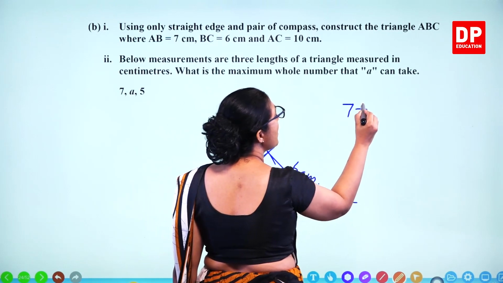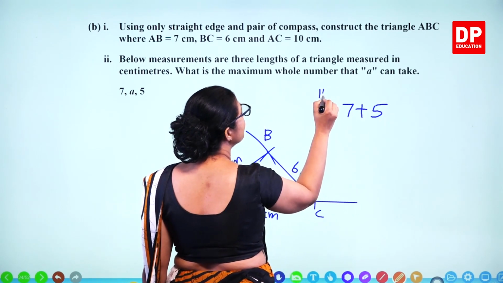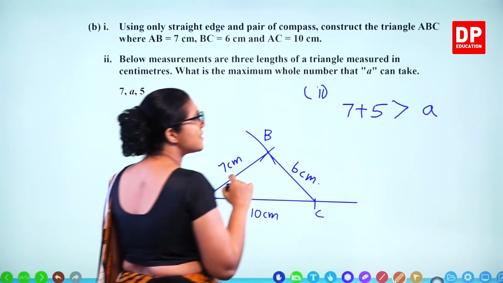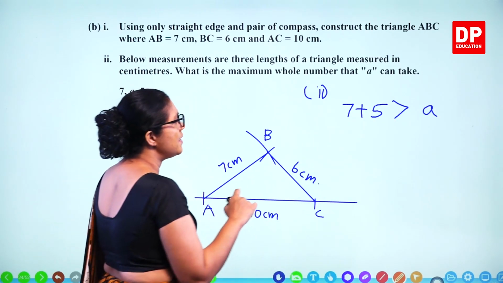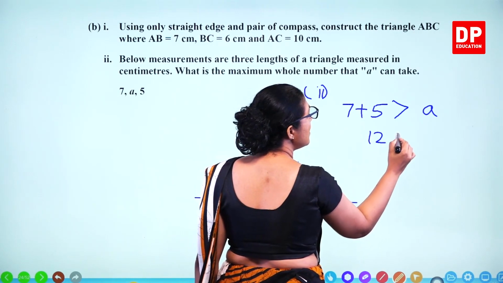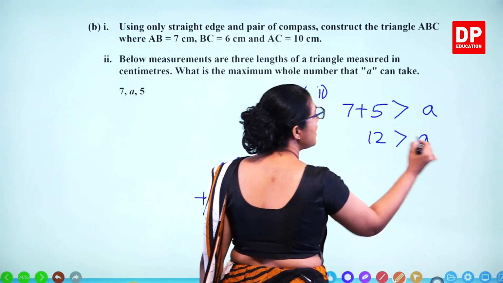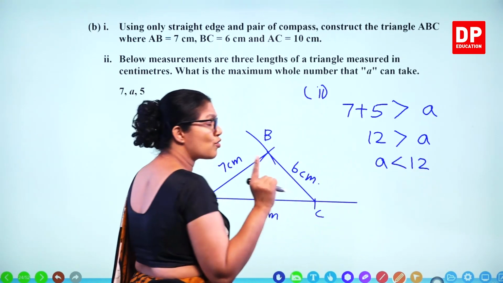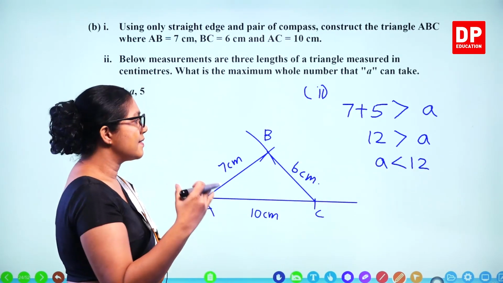So 7 plus 5 should be greater than the third side, A. So that means 7 plus 5, 12 is greater than A. Or you can write A is less than 12. You can't take 12. Any length less than that.